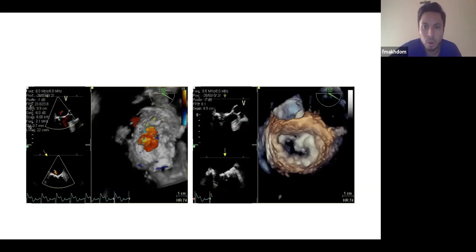To summarize, all these procedures, whether surgical or transcatheter, have very high mortality and morbidity risk. But you have to know the options for those cases: severe MAC, how to deal with it, what are the options.